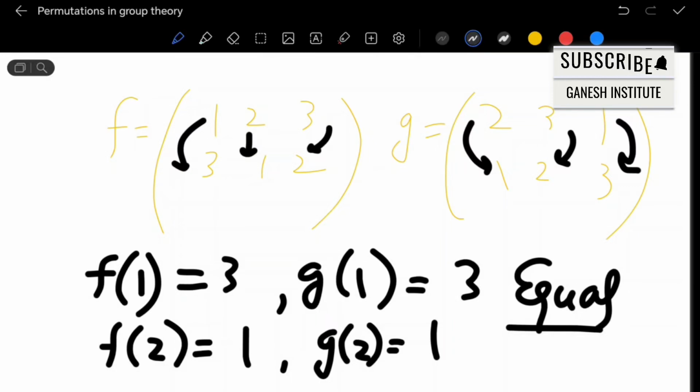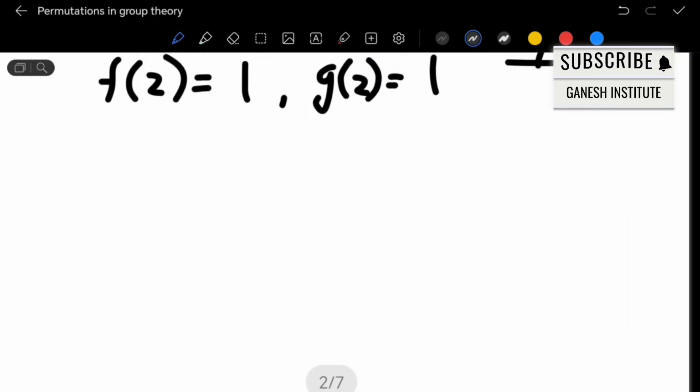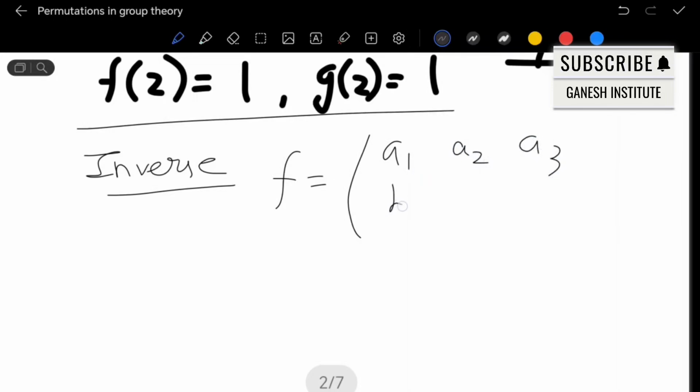And then if I have to find out the inverse permutation, that means if you have F and it is like A1, A2, A3 and B1, B2, B3. So A1 is mapped with B1, A2 with B2, A3 with B3.